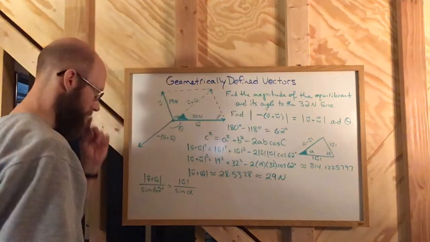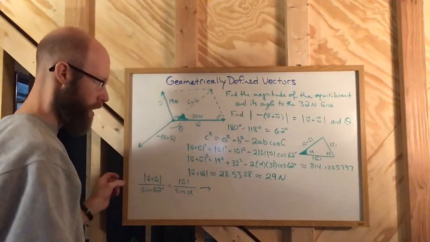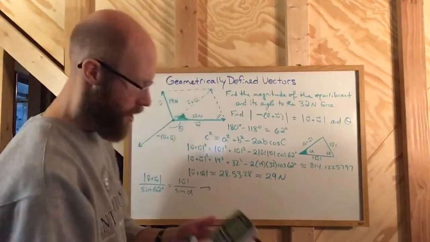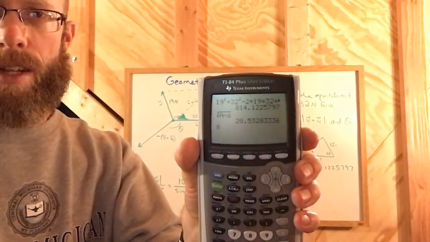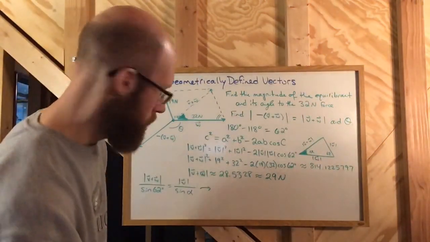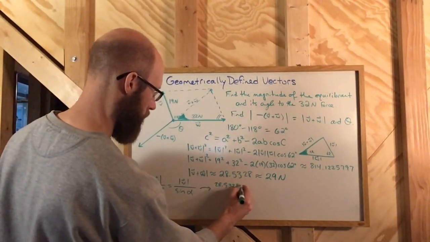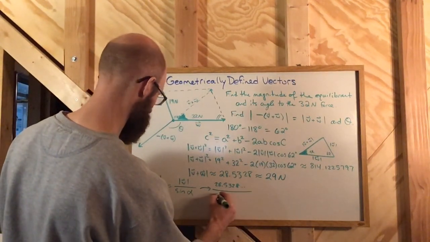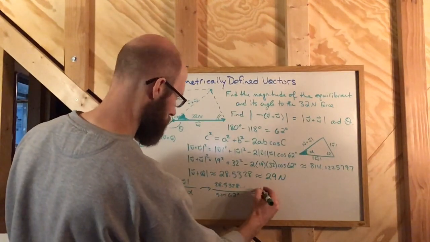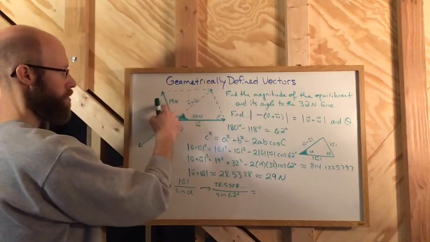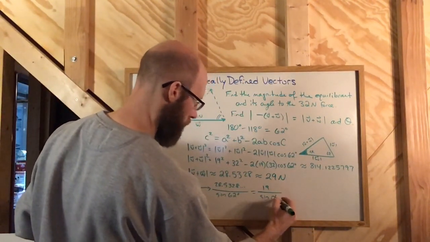Well, I already have it still on my calculator, so I'm just going to keep all those decimals there. So it's approximately 28.5328 over the sine of 62 degrees equals the magnitude of v, which is 19, over the sine of alpha.